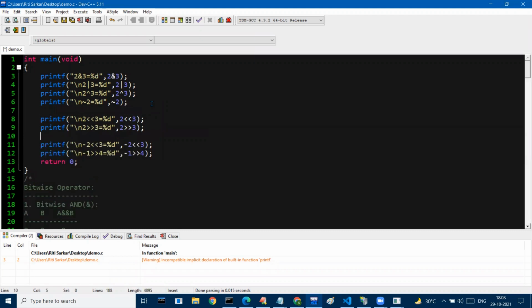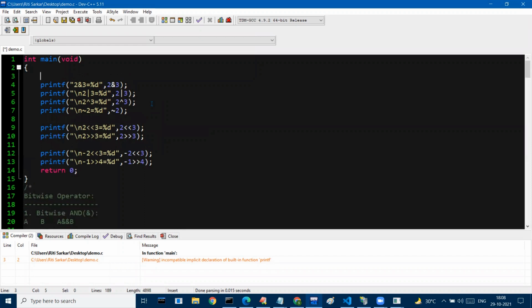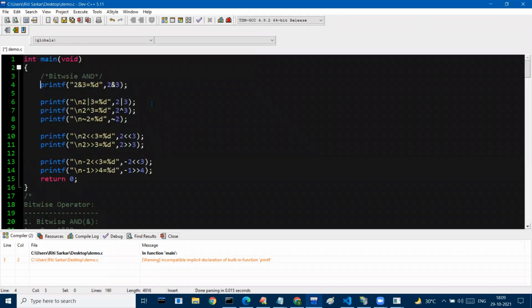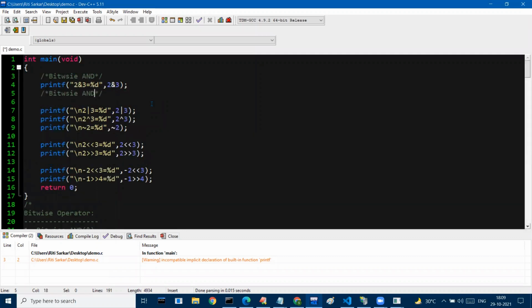Positive numbers, negative numbers. This was bitwise AND. This is bitwise OR.